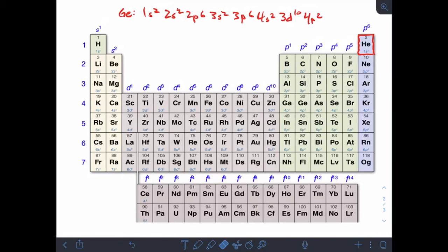So up to 3p6, okay, what element lives at 3p6? That's argon. Okay, so argon lives at 3p6. And so this entire piece right here, up to 3p6, that's just argon.